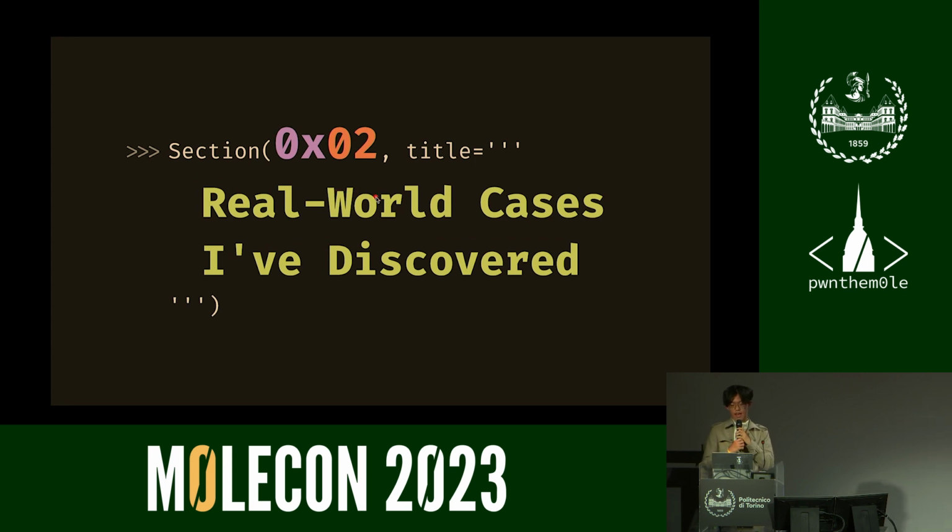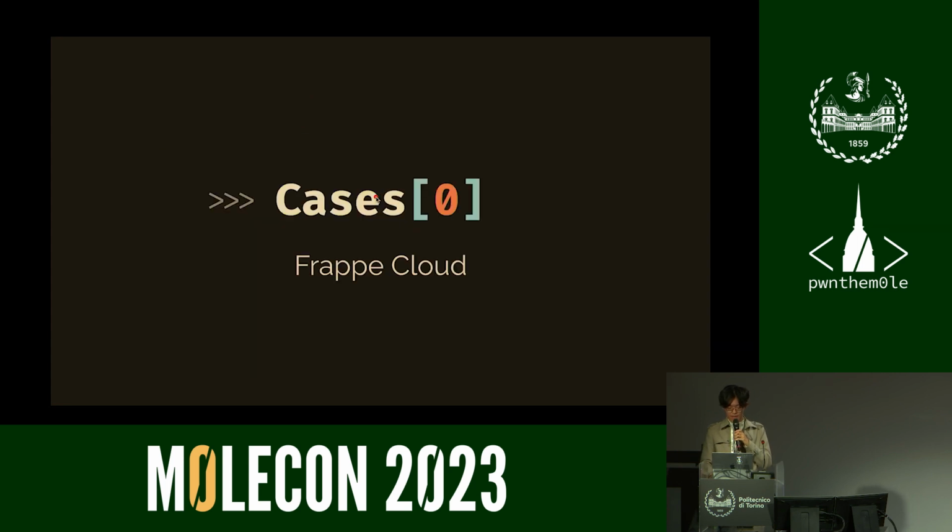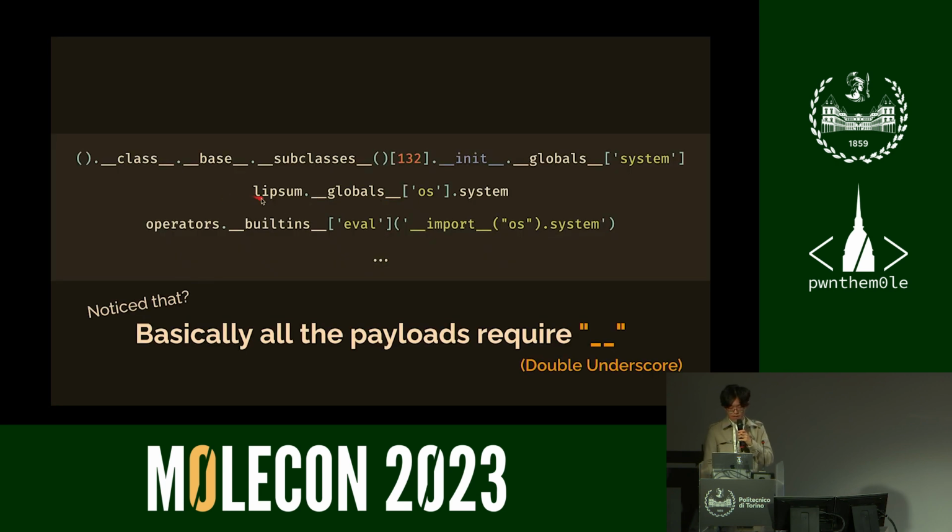Real world cases I have discovered. The first case is FlatPay Cloud. This case is a code execution jail. When we talk about bypassing a PyJail, you might notice that basically all the payloads require a double underscore.